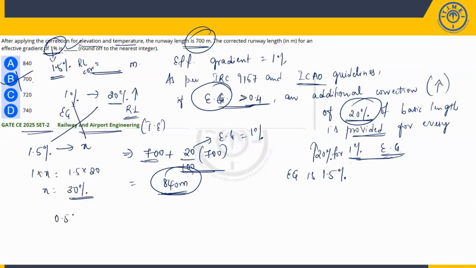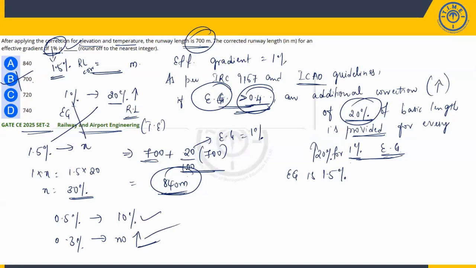If it is 0.5% only, we will increase only 10%. If it is 0.3% only, there is no increase. Why? Because only if the effective gradient is greater than 0.4 do we increase. When it is less than or equal to 0.4, there is no need.